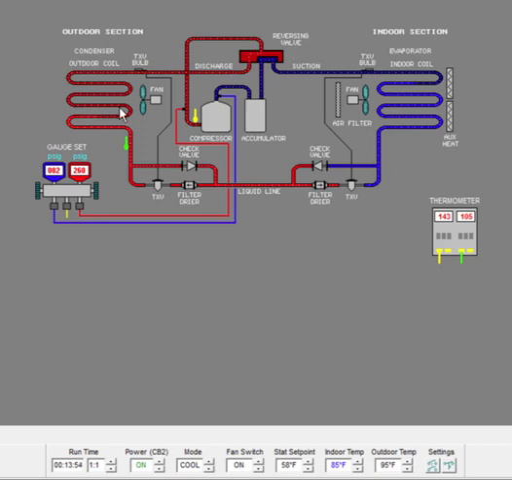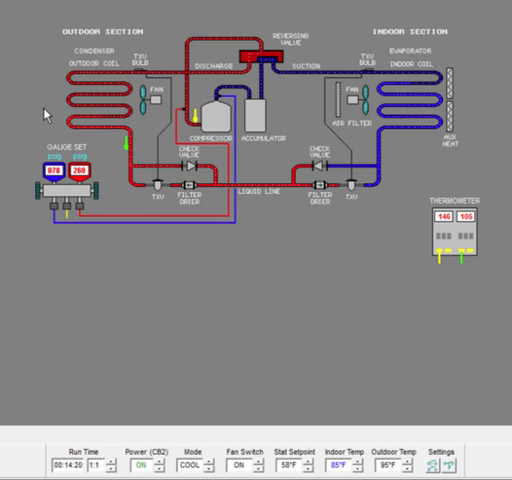Once we've rejected a whole bunch of sensible heat, we've lowered the temperature of the refrigerant down to the condensing temperature. Then we do a latent heat change, where we reject more heat. Now this is latent heat. You cannot measure it. It's the heat of a change of state. And you're taking that latent heat and you're rejecting it into the outdoor air.